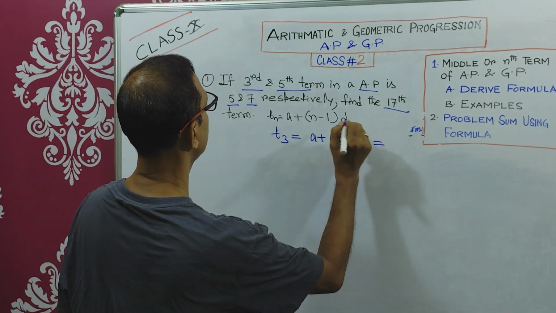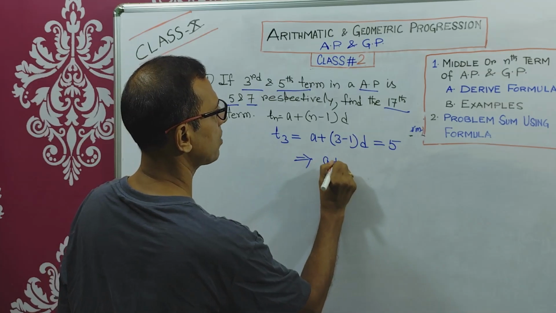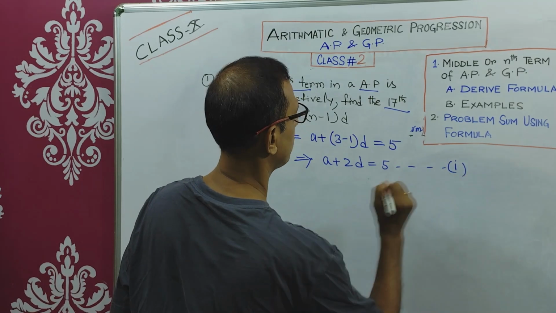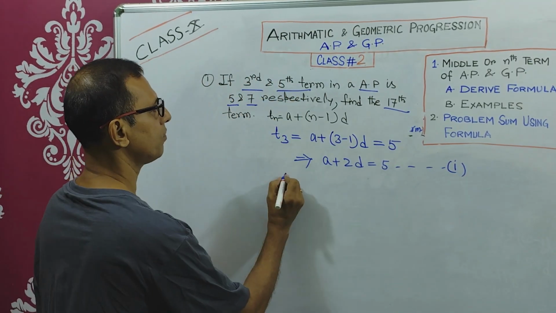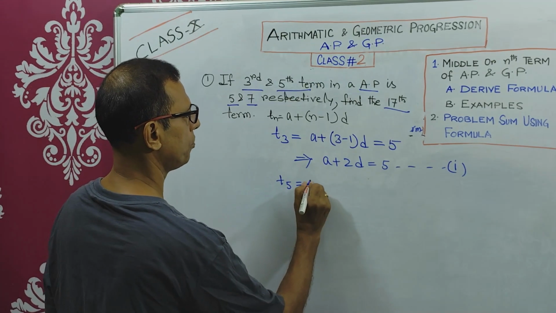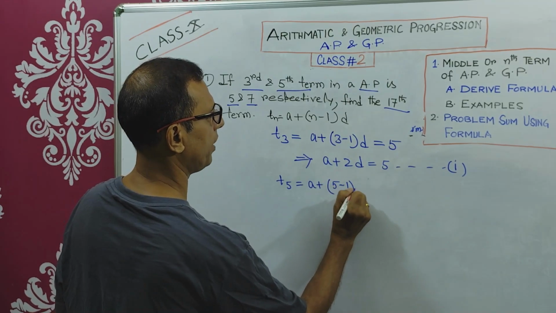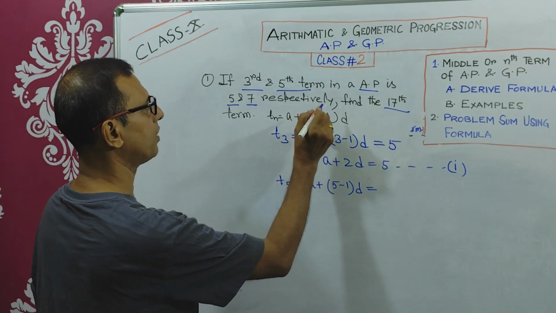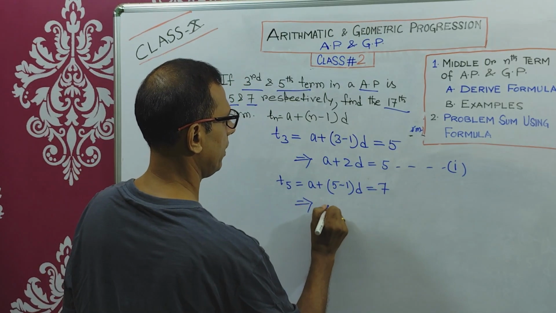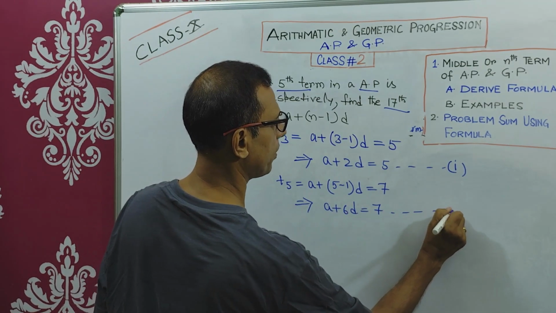T3 equals 5. So A plus 2D equals 5. This is equation number 1. Another equation will be T5 equals A plus (5 minus 1) into D, and the fifth term is 7. That means A plus 4D equals 7. This is equation number 2.